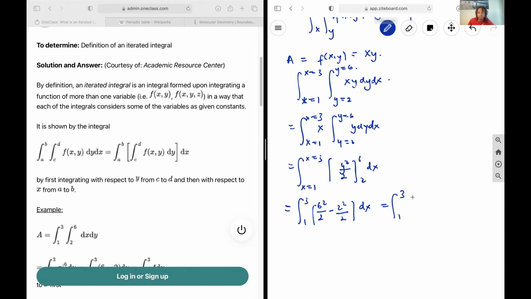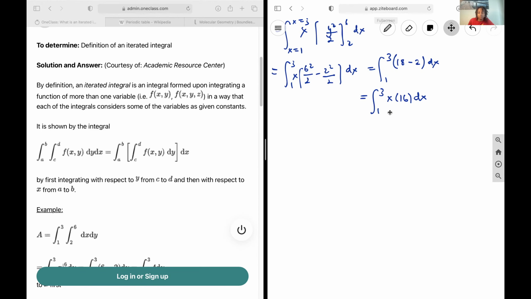So 36 over 2, which is 18, minus 2 squared over 2, so 4 over 2, and that is going to give me 2. So 1 to 3 of, don't forget the x term that was here, my apologies, of x times 18 minus 2, which is going to be 16 dx.